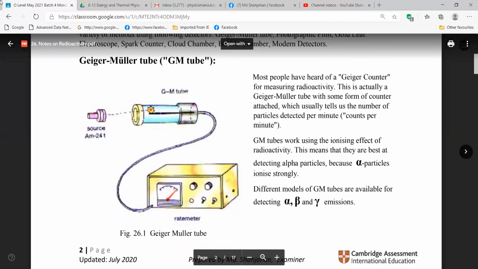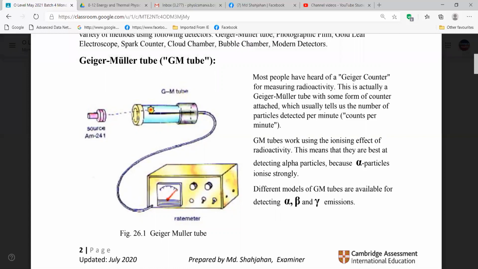So here you see, we have a tube. This one is the GM tube. If we keep a source in front of it, alpha, beta, or gamma radiation goes inside it.